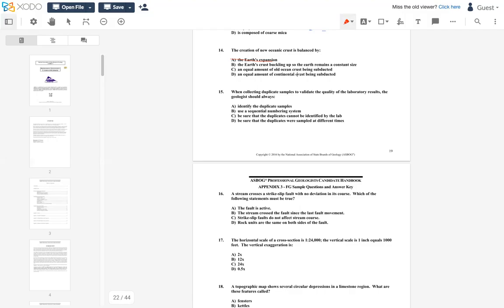So continental crust is not as dense as ocean crust. So that's why continents are able to kind of float, so to speak, while ocean crust doesn't have that advantage. So it's often subducted. And so that seems pretty plausible that what we're doing is we are destroying old crust and making new crust at ocean ridges. So our answer choice is C.